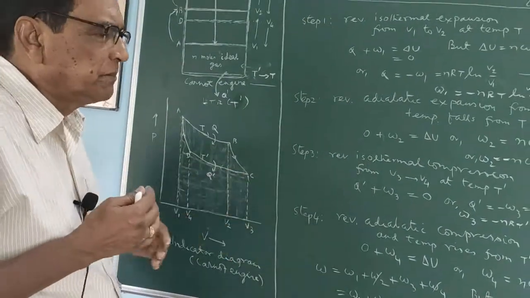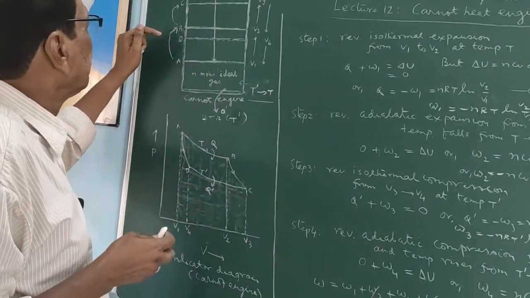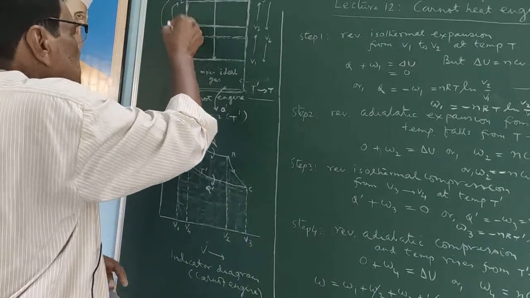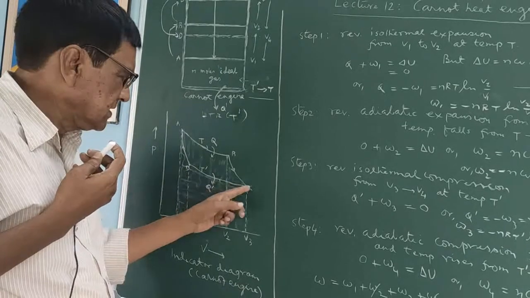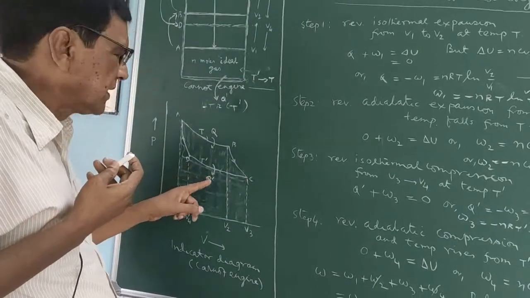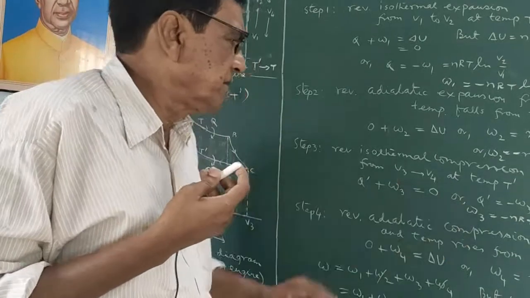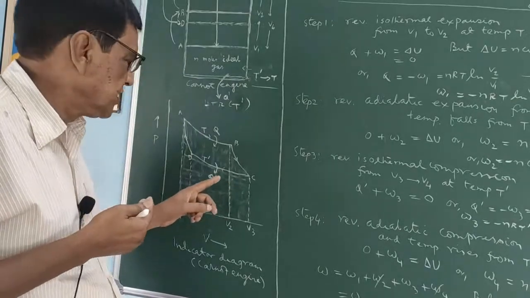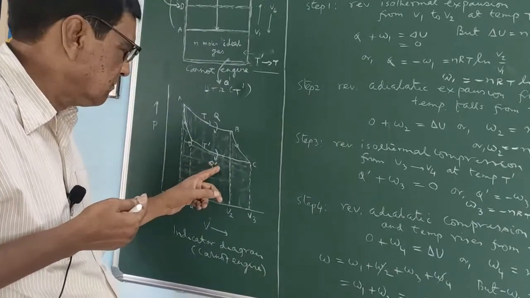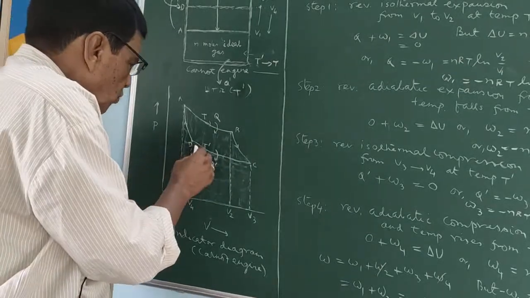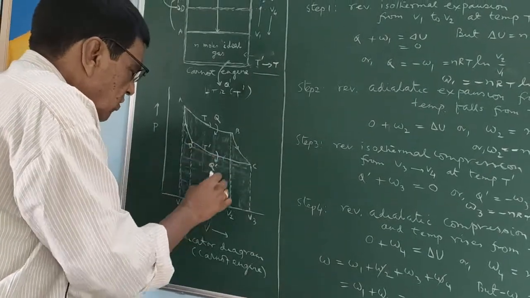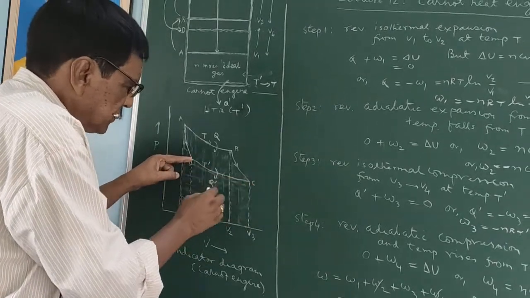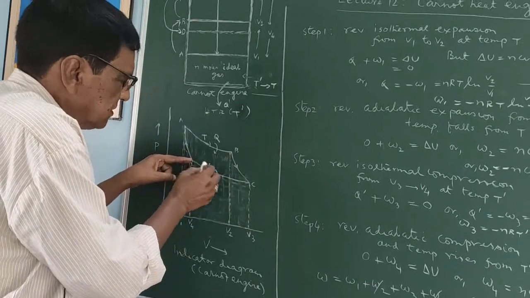Then this two compression process, and then again from C to D. It is the compression, and the work done is W3, and the amount of heat rejected to this lower temperature reservoir is Q dash by the engine, and the work done on this engine is indicated by the area under this curve CD.